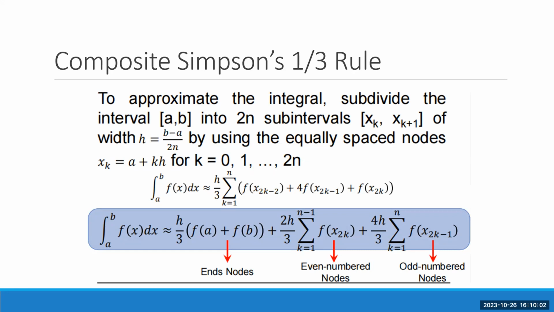The sum of the function values at the midpoints of the subinterval multiplied by 2 for all subintervals. The resulting values are then combined to approximate the definite integral. And this technique is particularly effective when you have a smooth function and you need an accurate estimate of the integral.